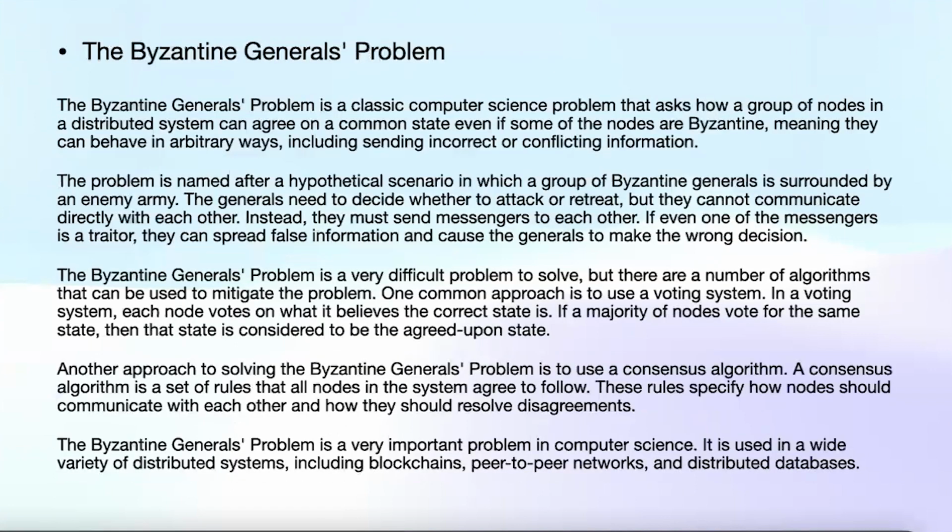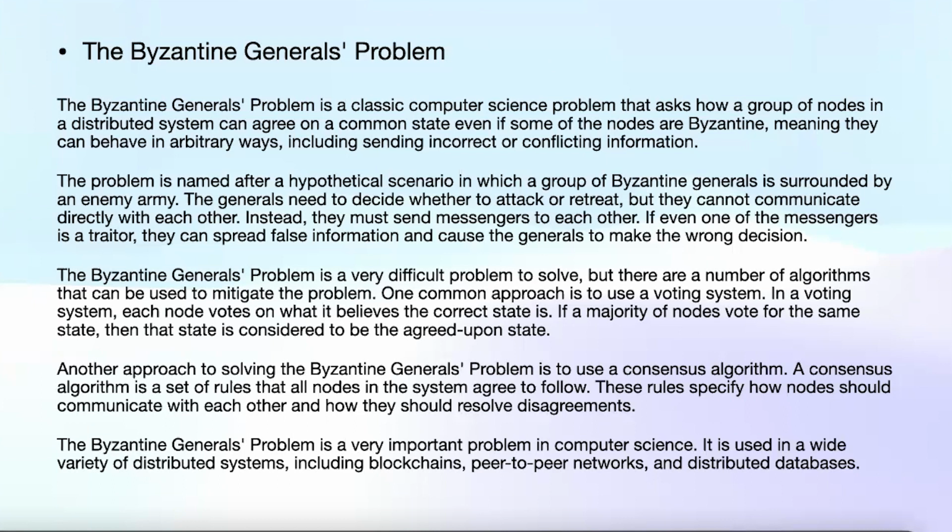Now we'll understand the Byzantine generals problem. It's a classical problem that asks a group of nodes or a distributed system to agree on a state. If most of the people agree on a specific motion, like yes or no, then only we proceed with it.